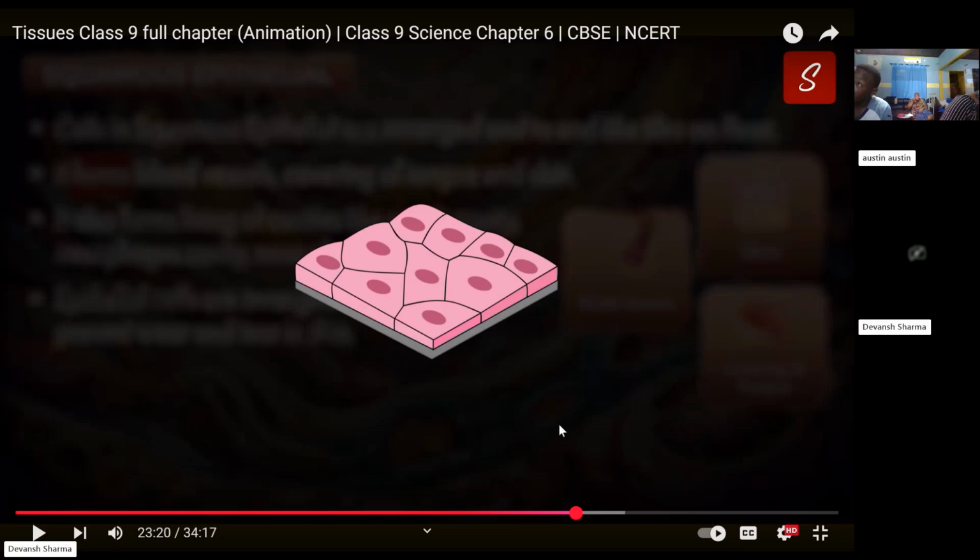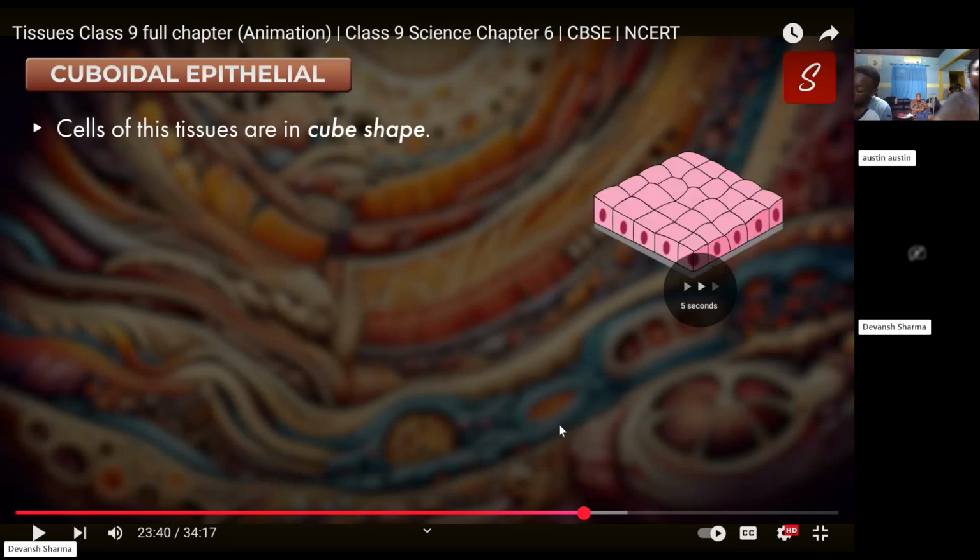Then your diagram is done. Yes, sir, done.